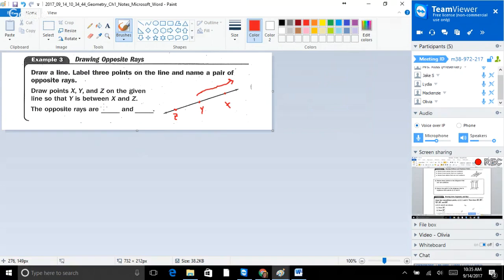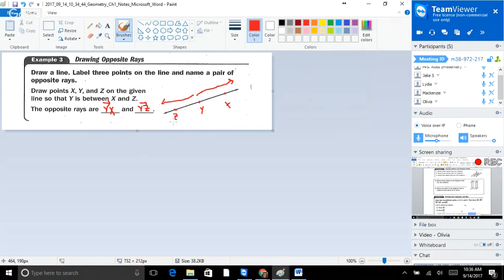So that would be ray YX. And it looks like this. And then we also have a ray that's going this way. That would be labeled YZ. And these two would be opposite rays.